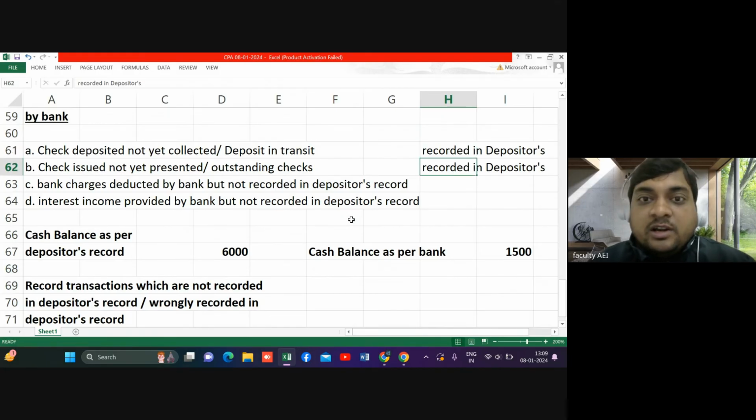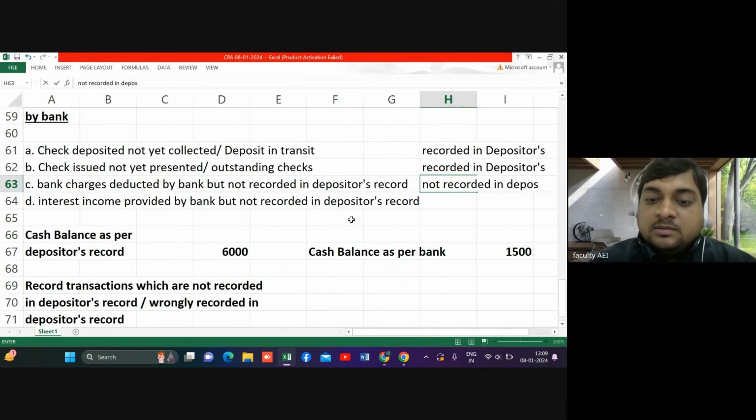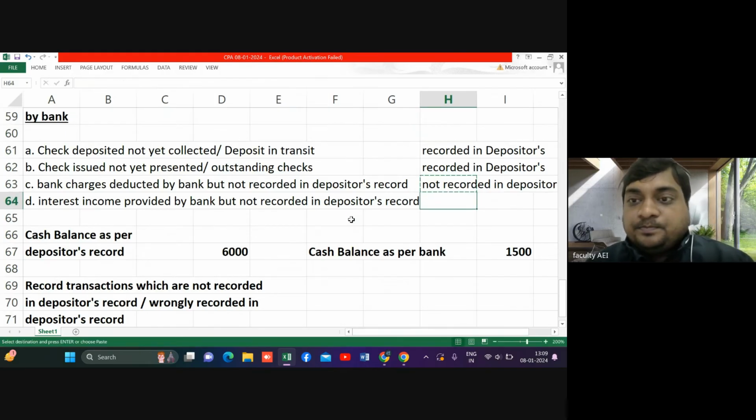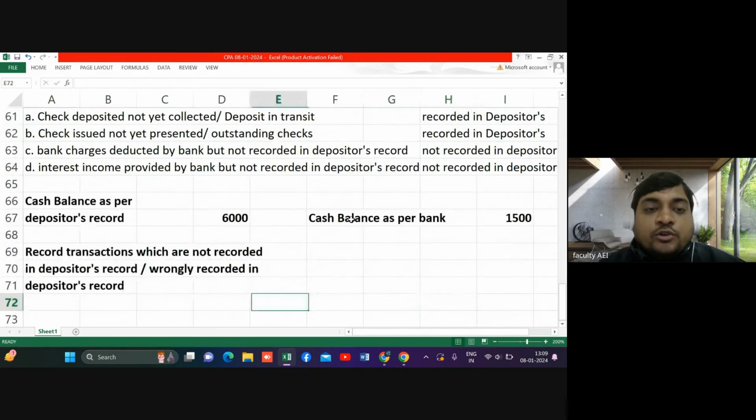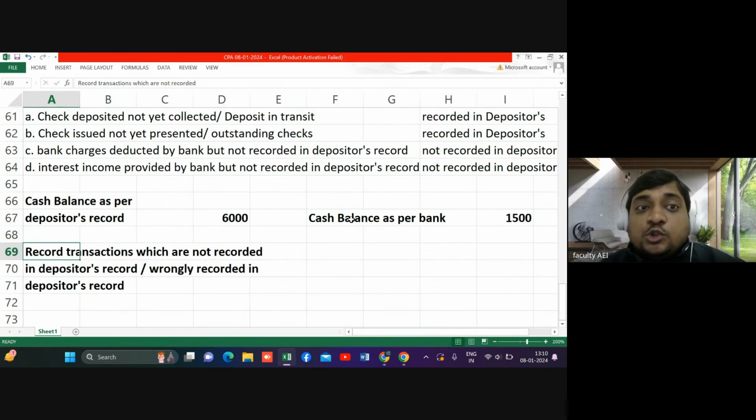This is also recorded in depositor's book, but this is not recorded in depositor's book. So you need to only take those transactions which are not recorded in depositor's book.